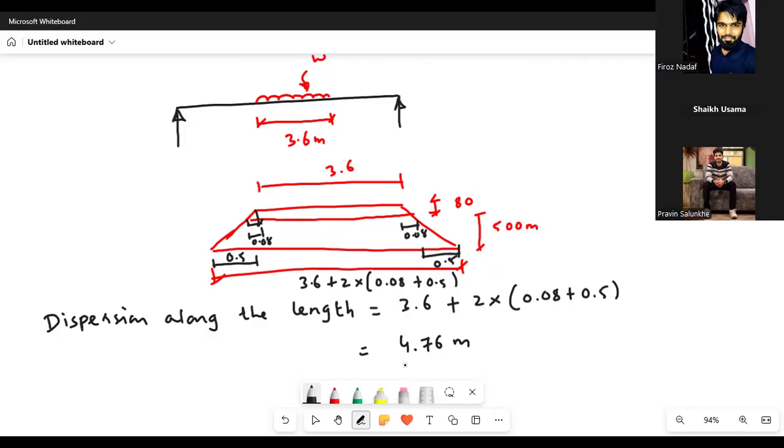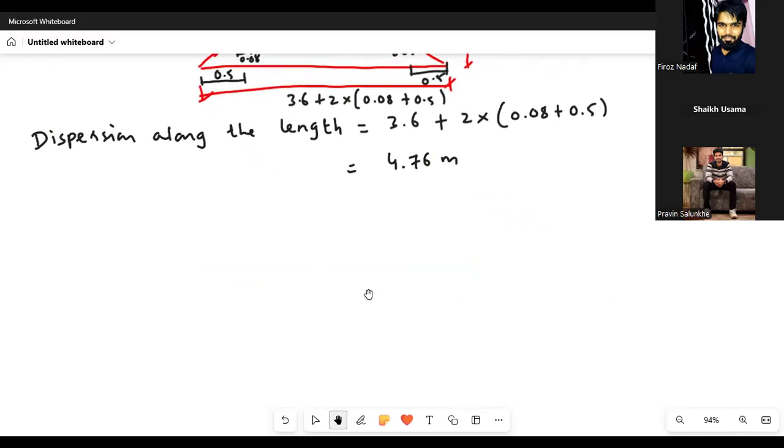You also have to find the dispersion along the width of the bridge. Dispersion along the length of the bridge is 4.76. Okay. Now you need to find the dispersion along the width. I will tell you what is the purpose of this, why we are doing this. Try to understand what I'm telling you.